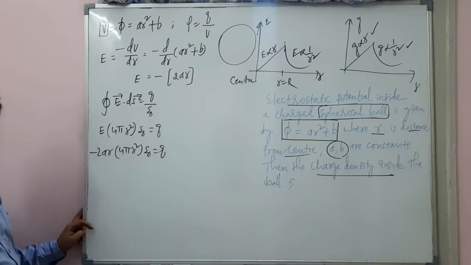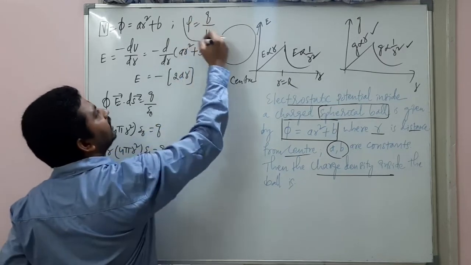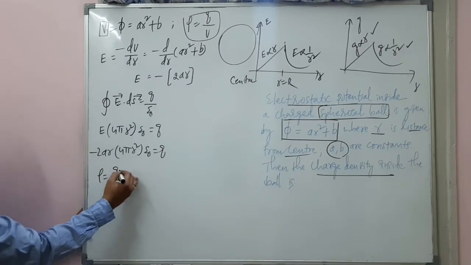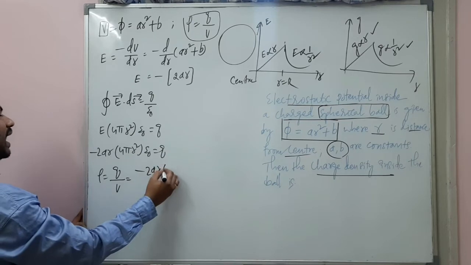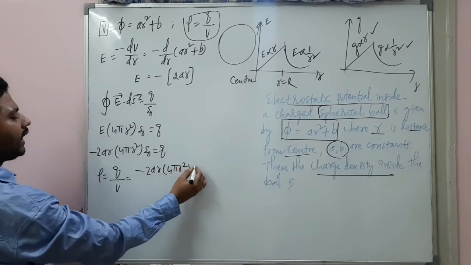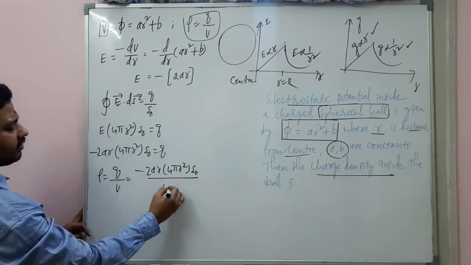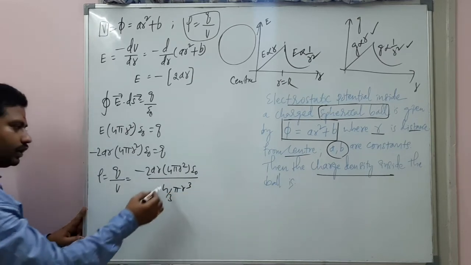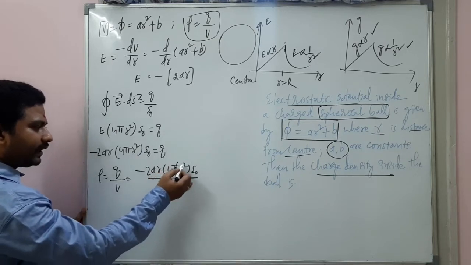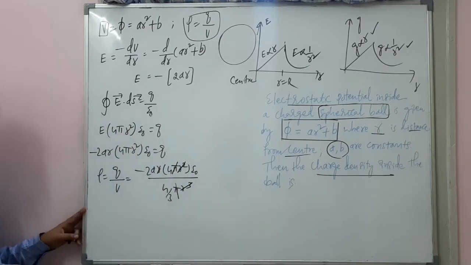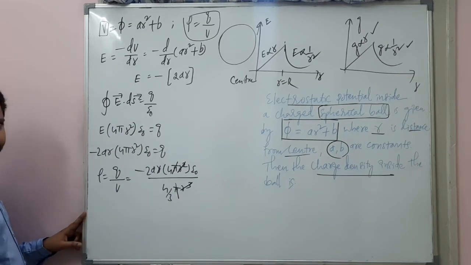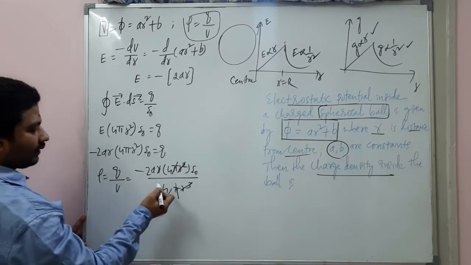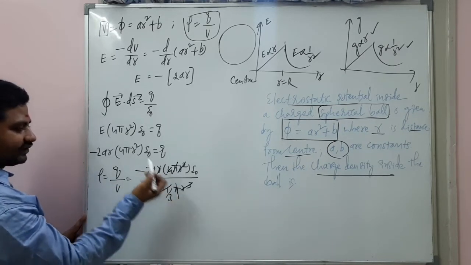That's q. Our aim is to find the rho value, which is q by V. So rho is equal to q by V. Q is minus 2Ar times 4 pi r square epsilon naught, divided by V, which is 4 by 3 pi r cube, the volume. Pi r cube cancels, 4 also cancels.